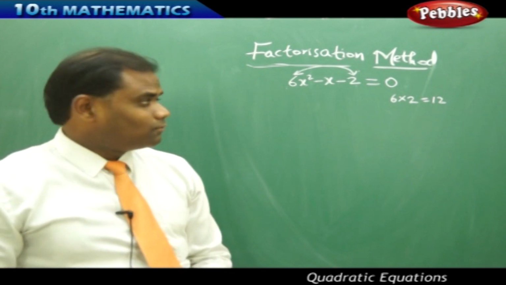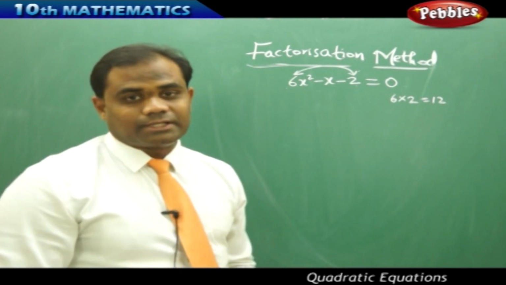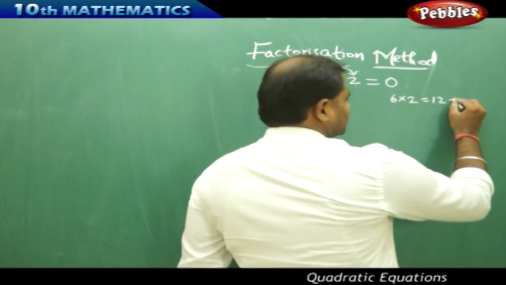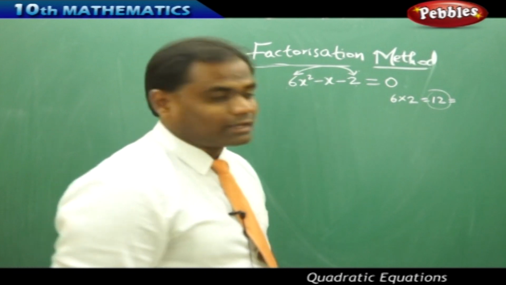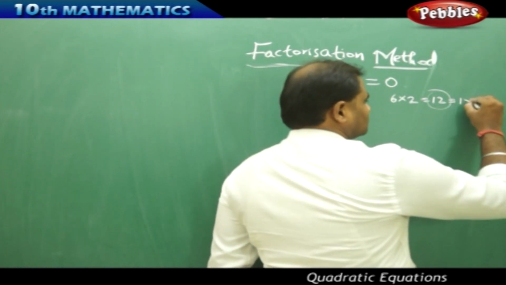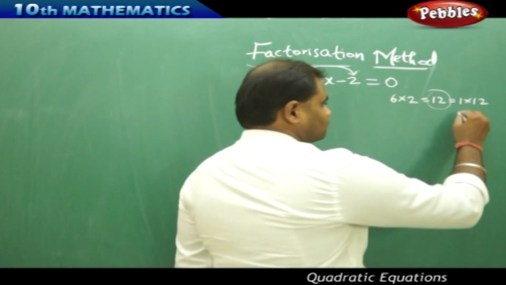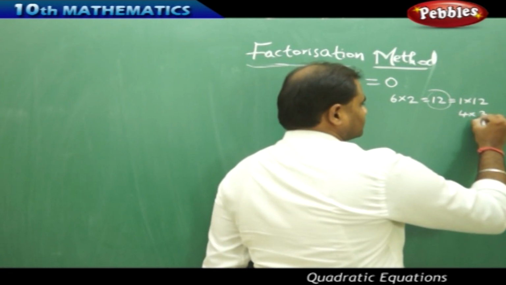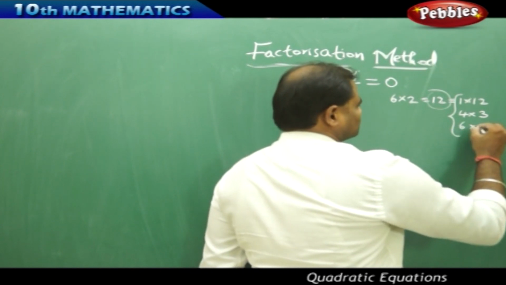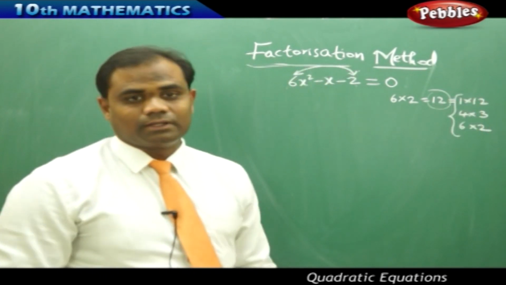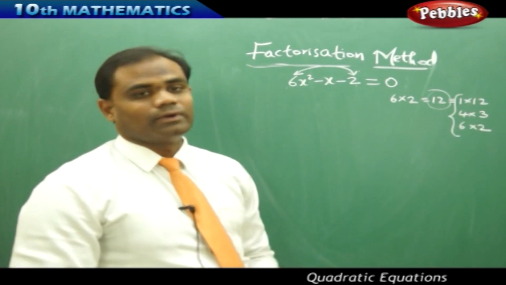Now next, I want to find all the possible factors of 12, starting with 1. 1 times 12 is 12. Next, 4 times 3 is 12. And 6 times 2 is also 12. So these are the possible factors for 12.